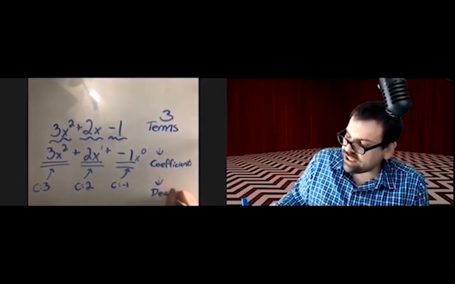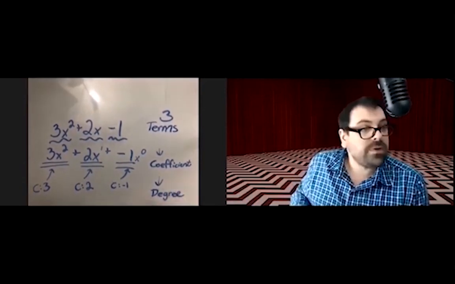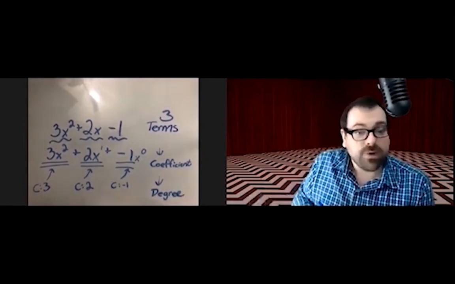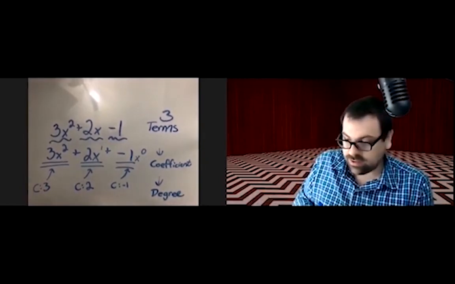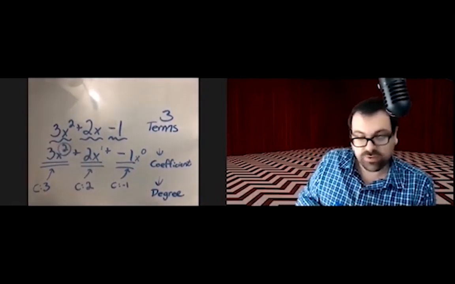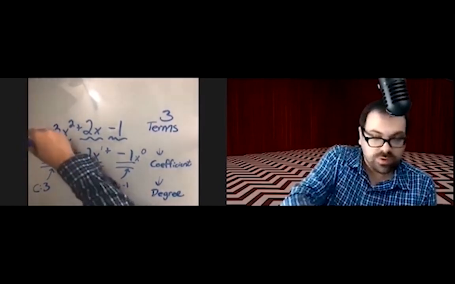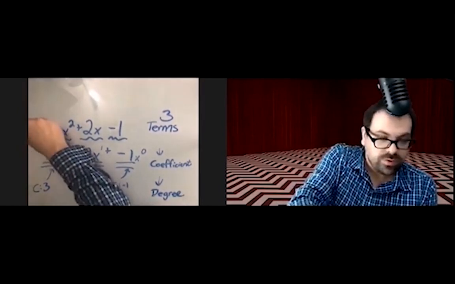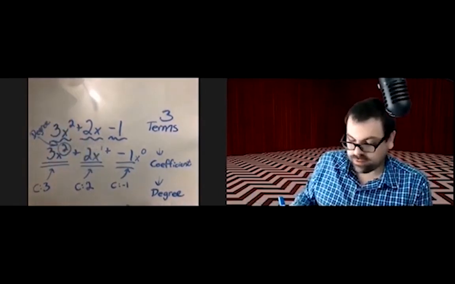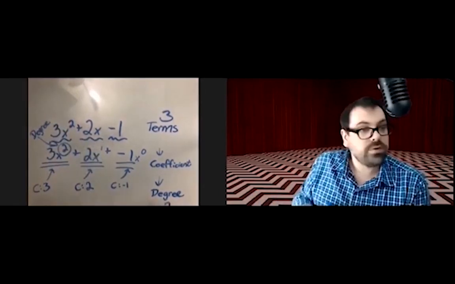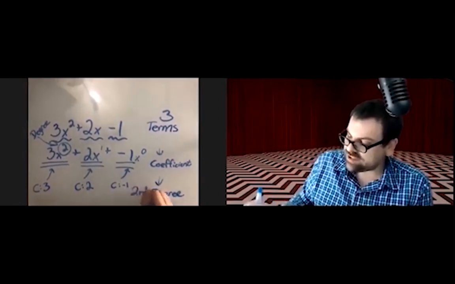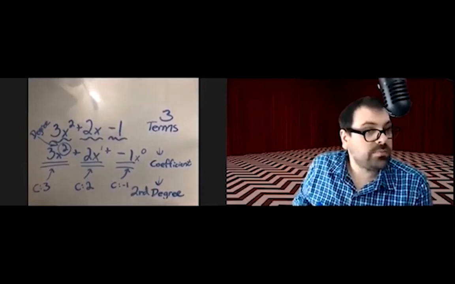We can talk about the degree of the polynomial. The degree is the highest power of x. So what was the highest power of x we had here? 2. So the degree here is 2. It's a second degree polynomial.